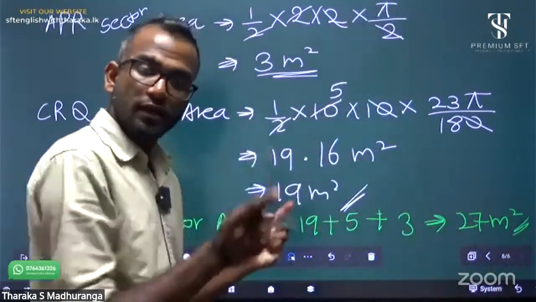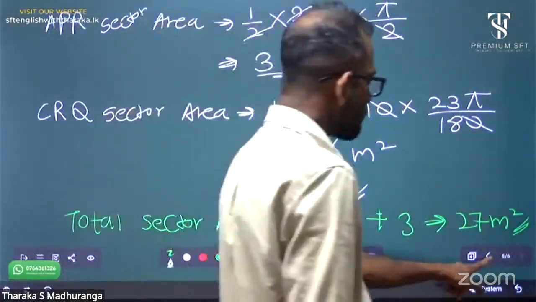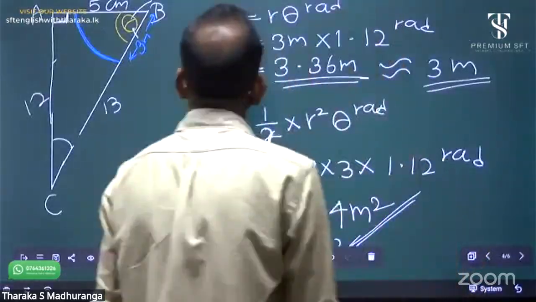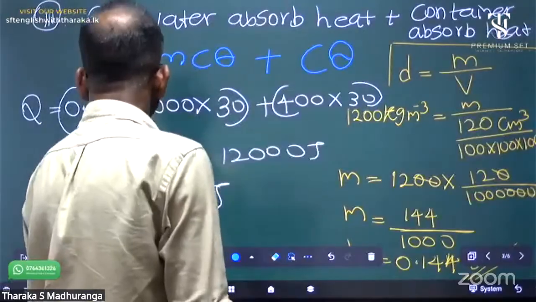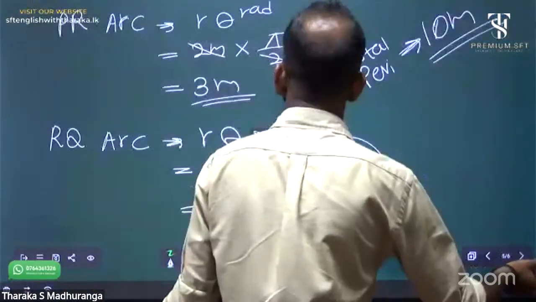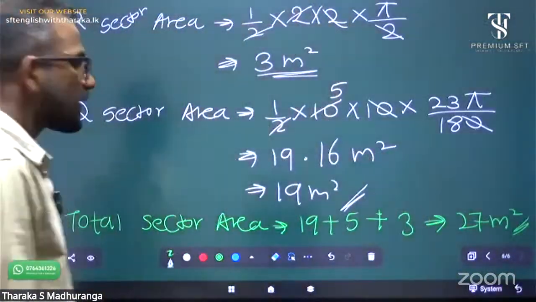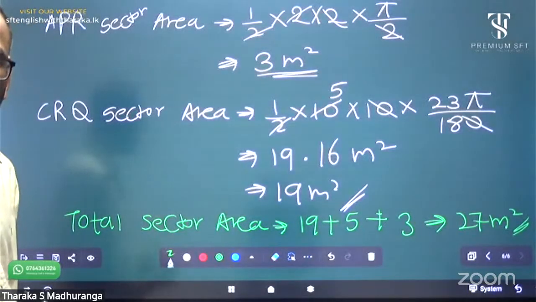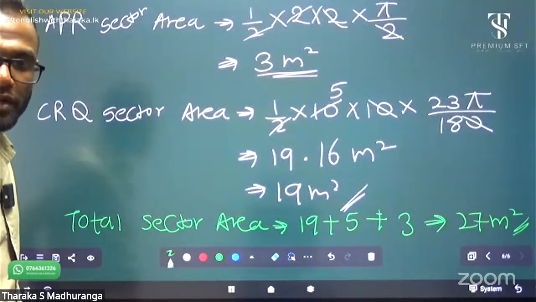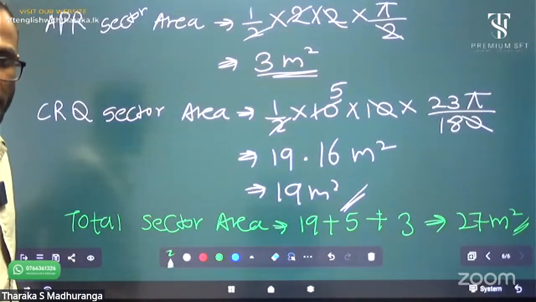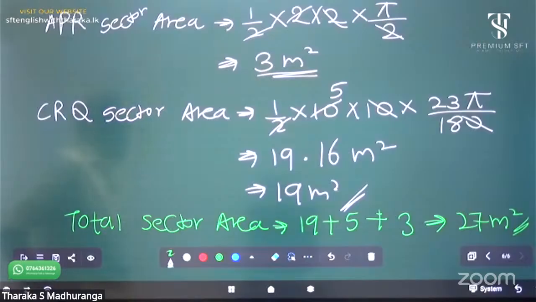Now what is the total triangle area? What was the total triangle area? 30.